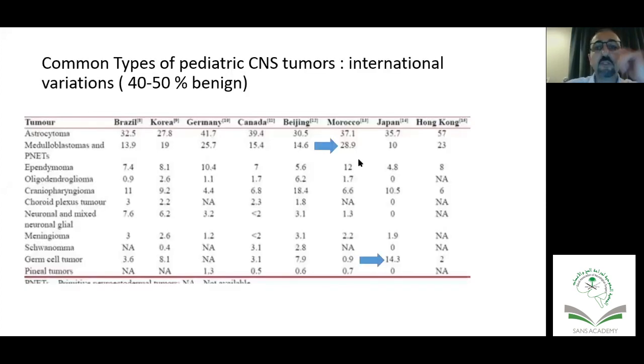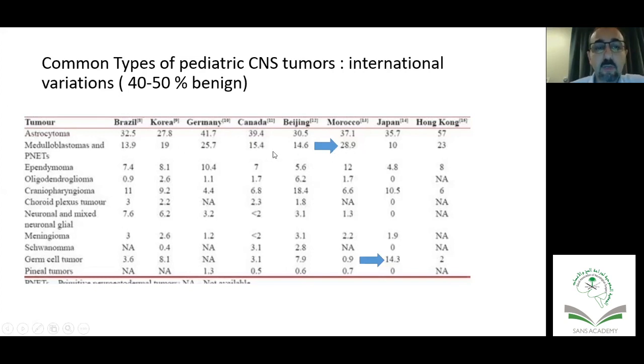We'll start first with the common types of brain tumors in children, and you can see the variation in the types of brain tumors between studies and between countries. Astrocytoma accounts for the majority of brain tumors in children, between 30 to 40%. Medulloblastoma, I would say between 10 to 20%. It's recognizably highest in the Middle East, and I think we probably have a similar incidence as well.